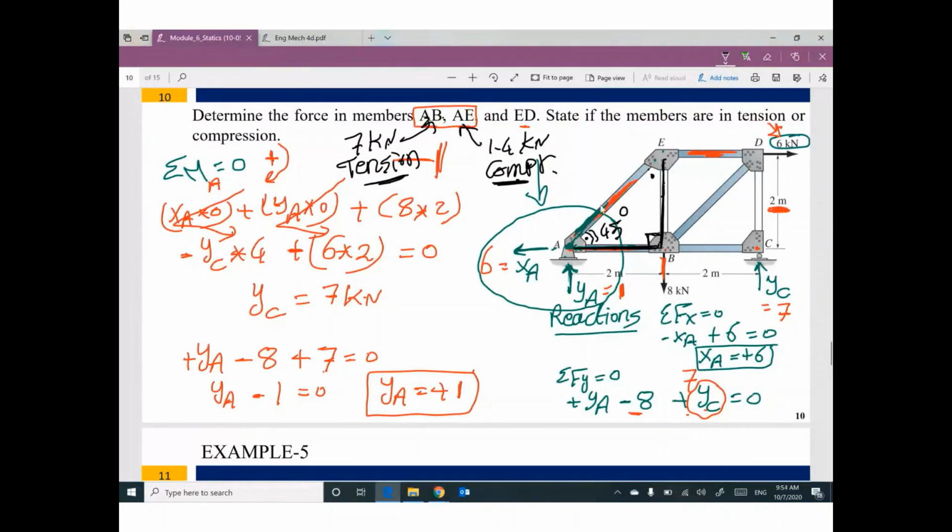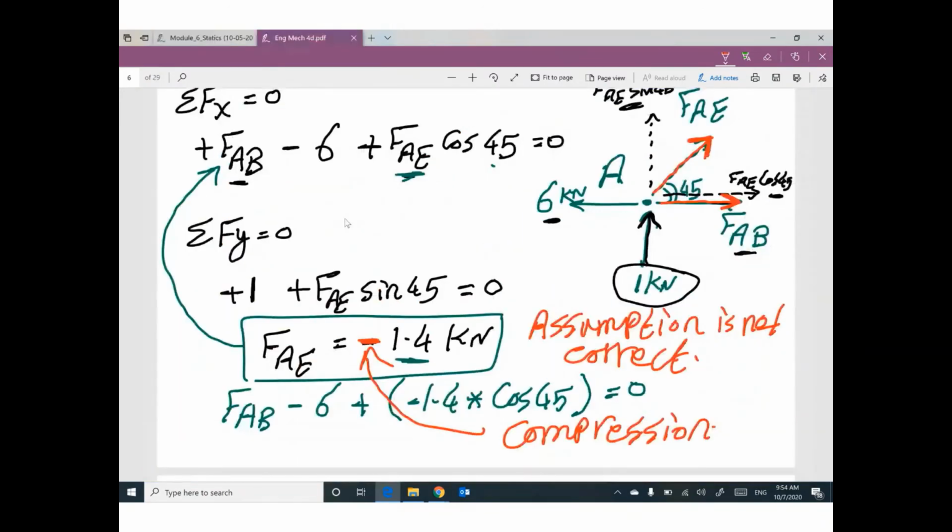Because one of you will ask me, why did you choose point A? It's a good question. The answer is very simple. Because I'm looking for this member, and both of them intersect at point A. So I selected point A to put everything at this point and apply the equilibrium equations, summation of x, summation of y, to figure out the forces in these members.